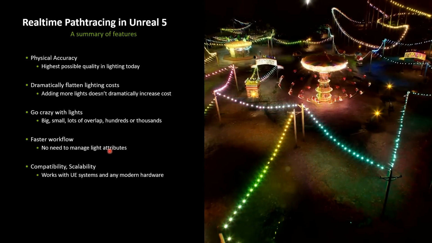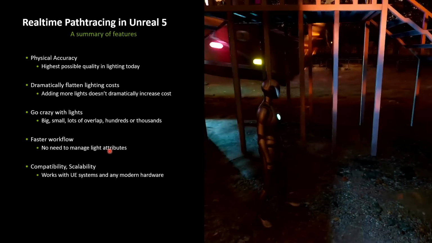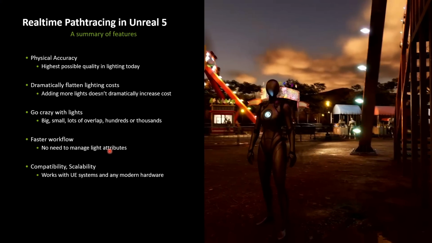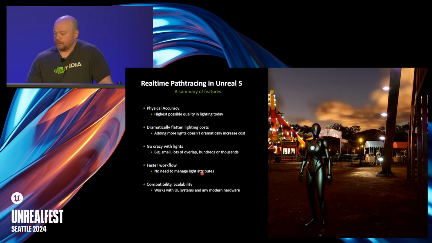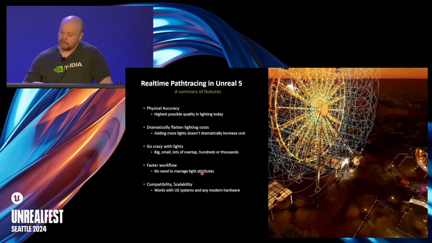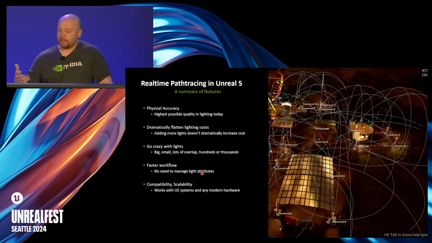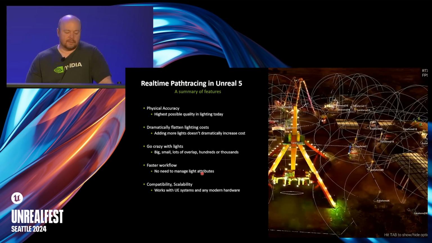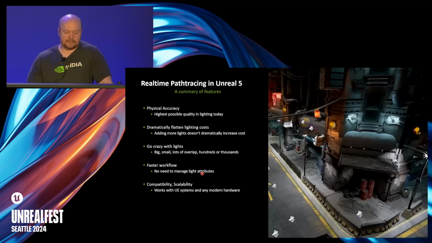So you have broad platform compatibility and scalability in the sense that we build it in with Lumen. So you can use, for example, software ray trace Lumen at the low end, and then with some toggles for high-end hardware, you could enable path-traced GI and have that high-end look for like an RTX 4090.